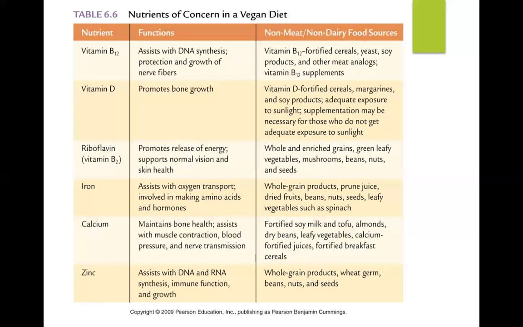Vegetarian diets can absolutely be followed safely and are absolutely adequate for any person, any life stage, as long as that person is educated on what nutrients are important and has the means to buy them, prepare them, cook them, etc. So in a case that somebody was not planning very well, they may fall deficient in some of these nutrients: B12, vitamin D, riboflavin, iron, calcium, and zinc.